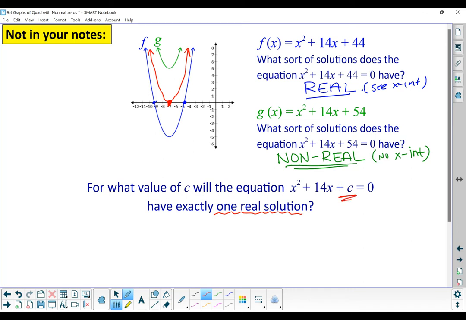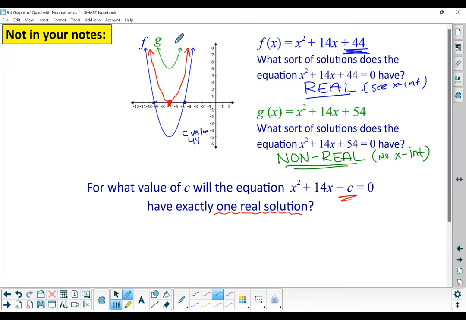Well, the c value for our first graph is 44. I'm going to write that on the side. The c value is 44. That corresponds with the y-intercept, but we can't really see our y-intercept on this graph.